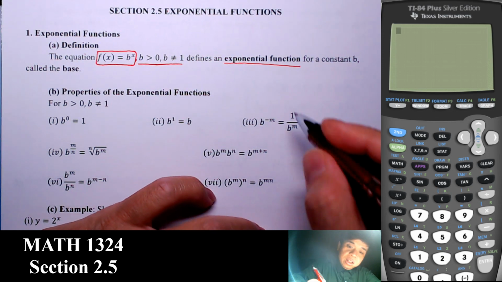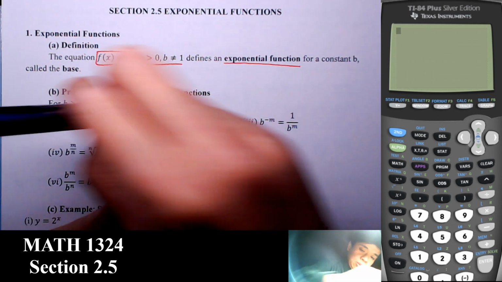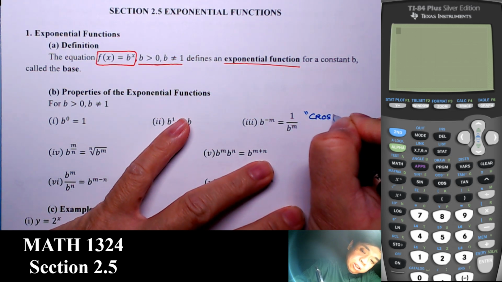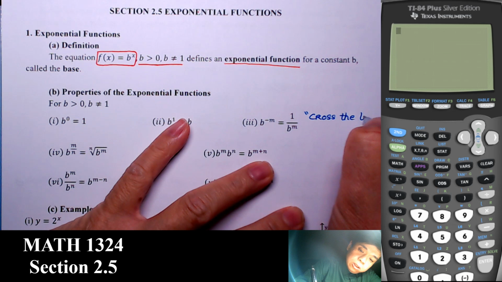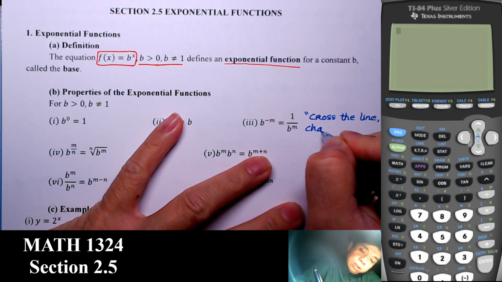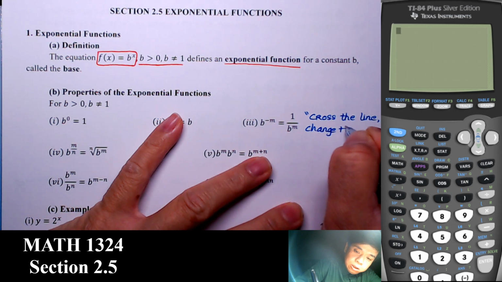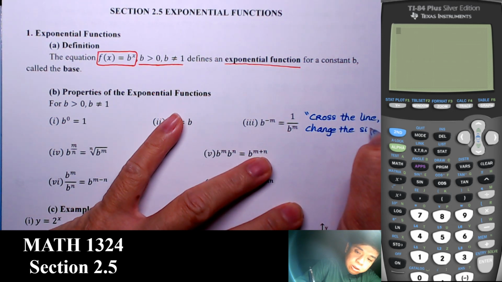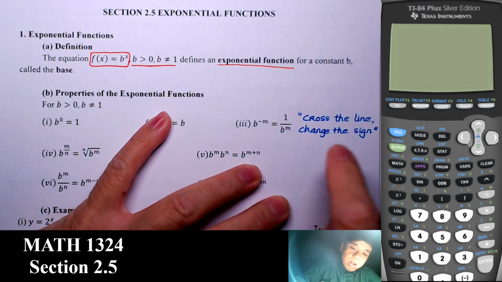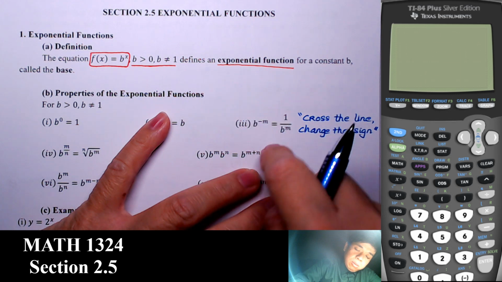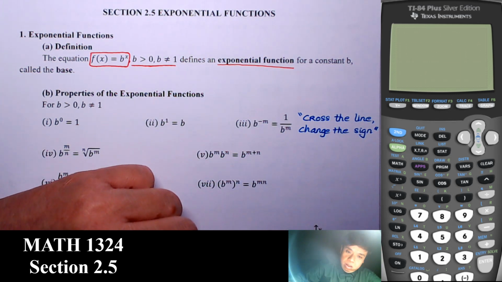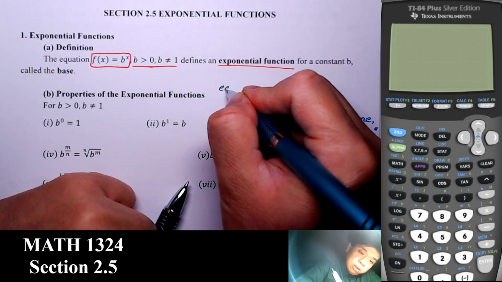So there's a saying in this case: cross the line, change the sign. So when we cross the division line, from the bottom to the top, or top to the bottom, we change the sign. Let's look at some examples.